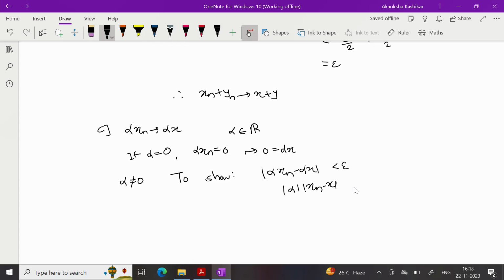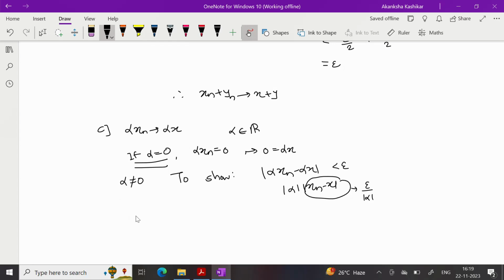So if I can show that mod of xn minus x is less than epsilon by mod alpha, then the product will be less than epsilon. So this is exactly what we will use. The only concern is alpha shouldn't be 0, but that case has been treated separately. So we are in the setup where alpha is not equal to 0.